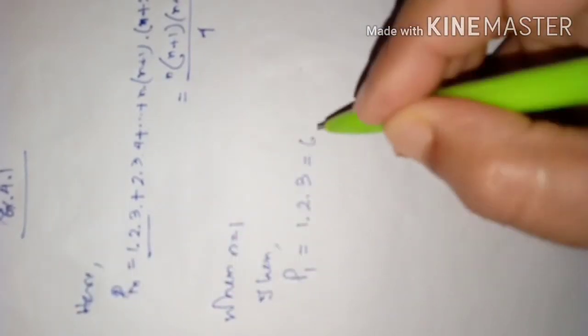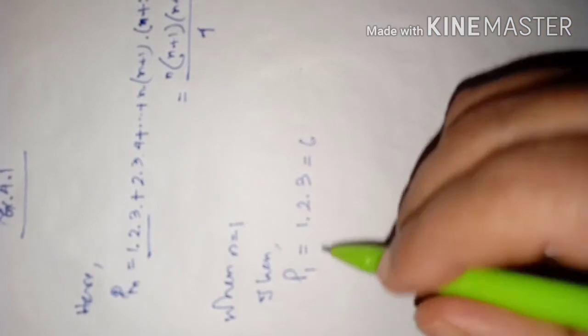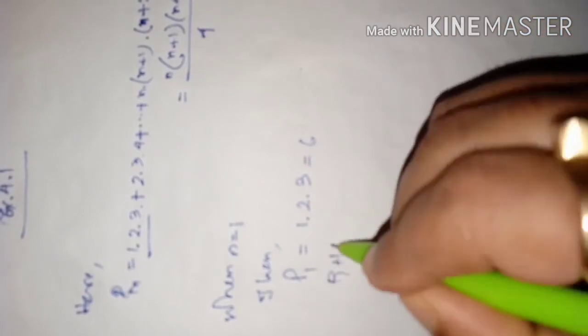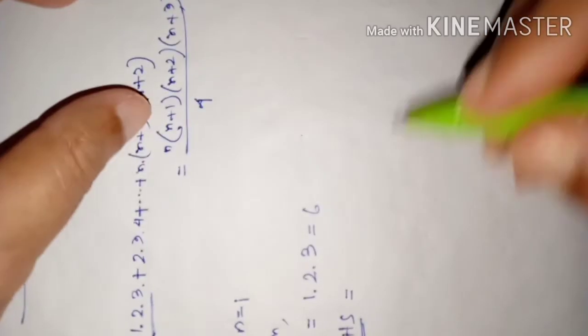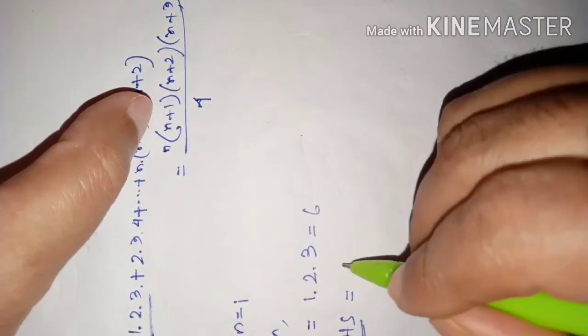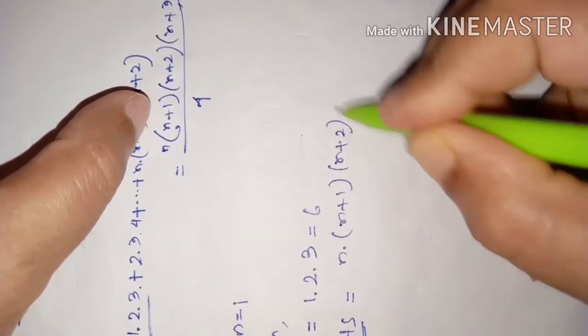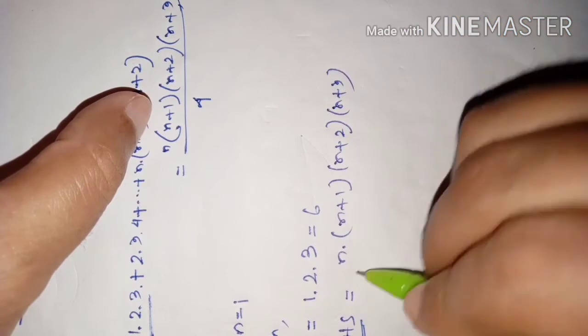One term is this one, that is equal to 6. And the right hand side of the statement we also verify. Right hand side is n into n plus 1 into n plus 2 into n plus 3 divided by 4.